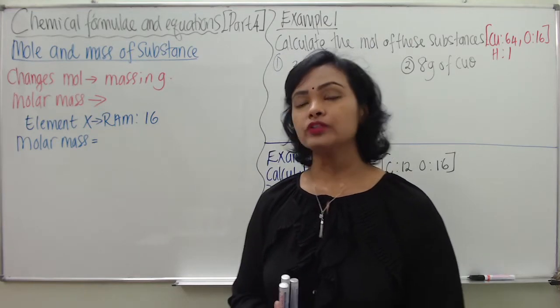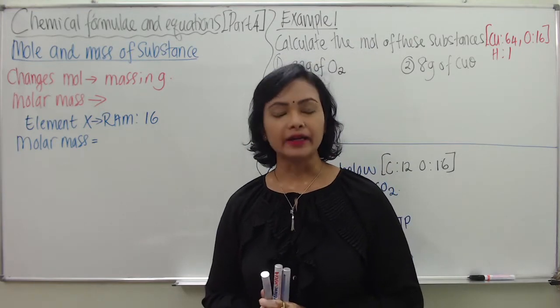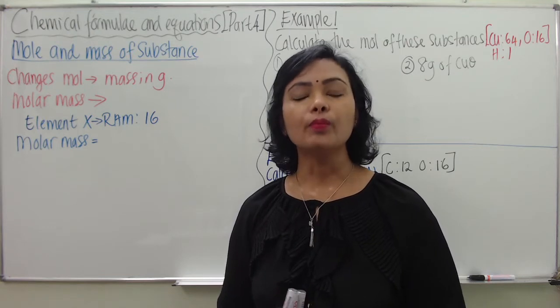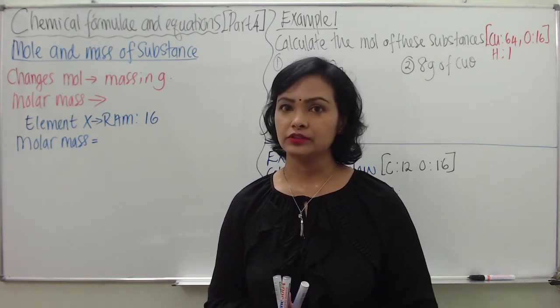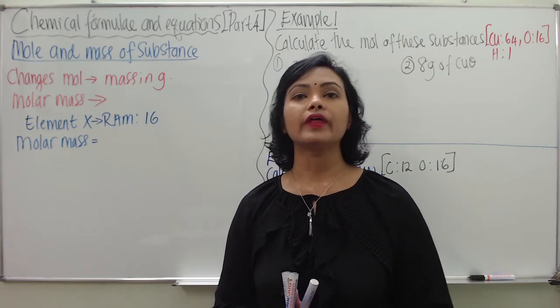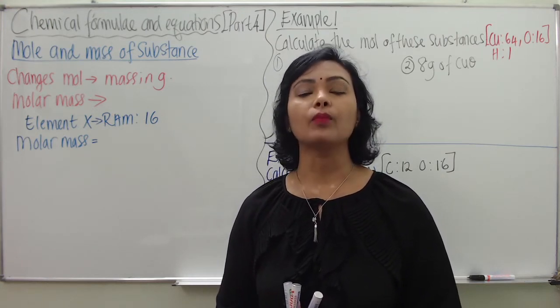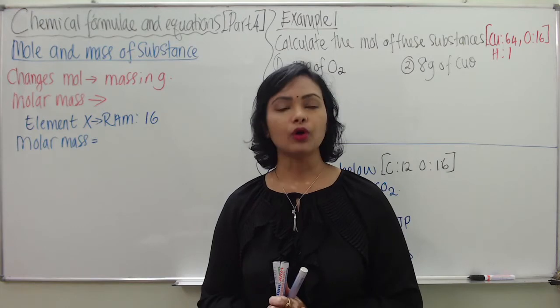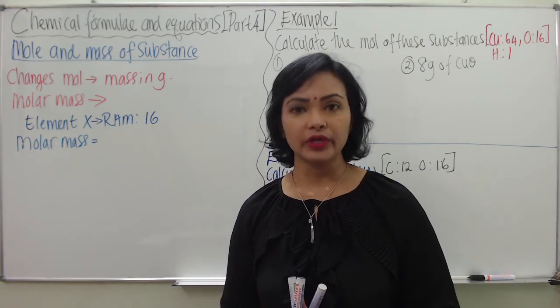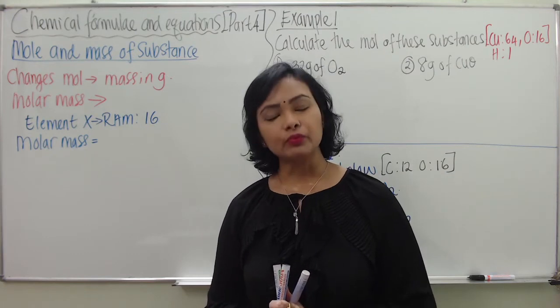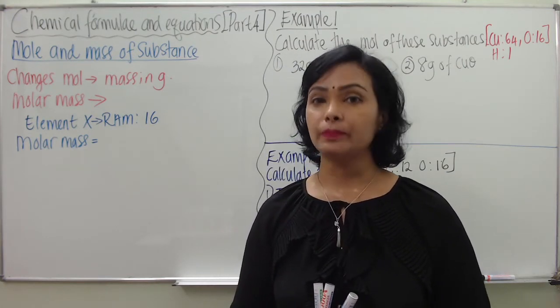This is where students can come to understand how mole can be related to the mass of a substance, because we know that the mass of an atom or a molecule is too small to be calculated in gram or kg units. So that is where mole comes into the picture.